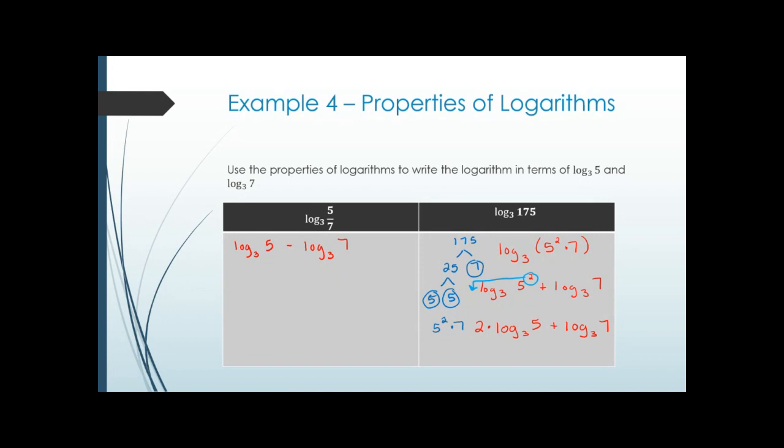Do you need to put parentheses after the 2? So if you were going to try to do this on your calculator, let's see, after the 2, like around the log base 3 of 5? You don't have to. You can, though, if you want to make sure that it's clear.